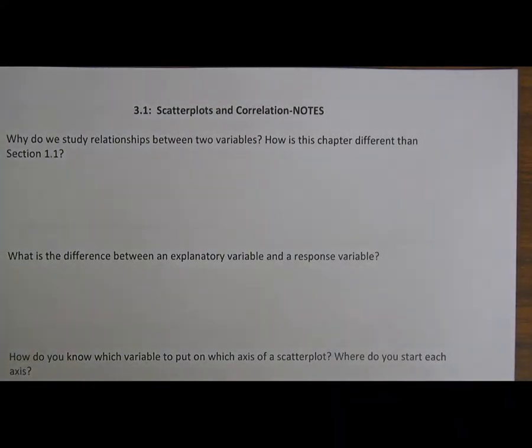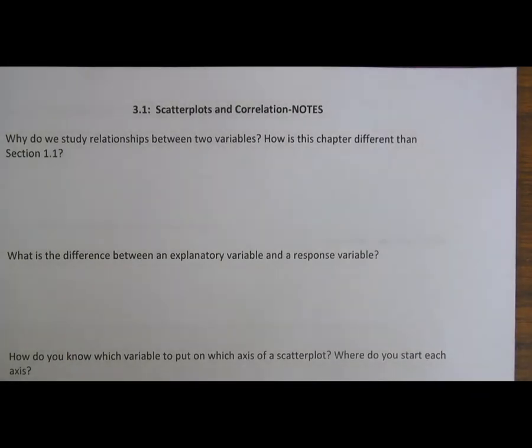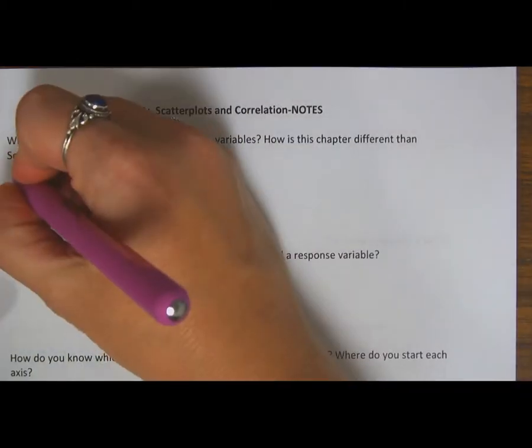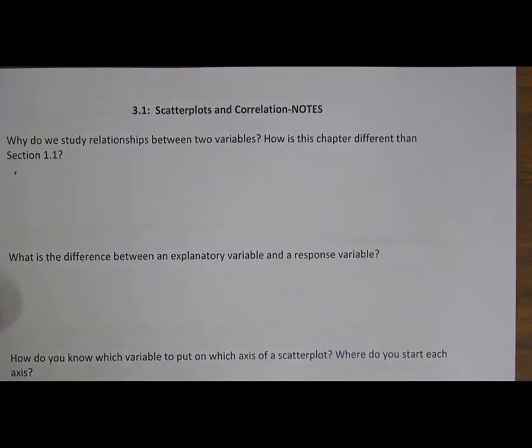So why do we study the relationships between variables, and how is this chapter different than the very first section of chapter 1, where we also studied relationship between two variables? Okay, here's why we study relationships.